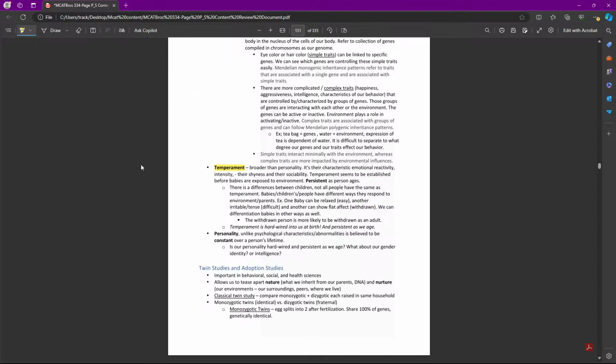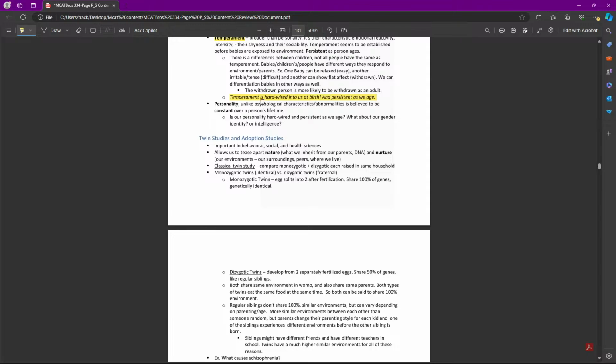One baby can be relaxed, another can be irritable, and another can be flat affect and withdrawn. A withdrawn child is more likely to be withdrawn as an adult. Temperament is hardwired into us at birth and persists as we age. Personality, unlike temperament, is believed to be constant over a person's lifetime. And with personality, we don't know if it's hardwired or if it persists as we age.